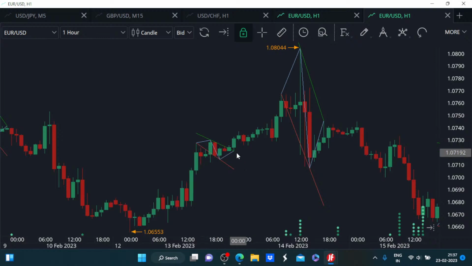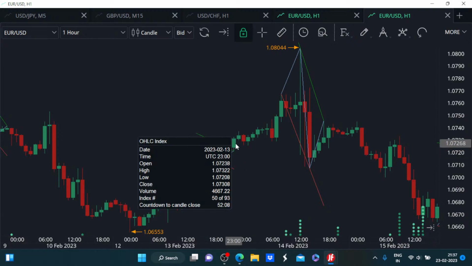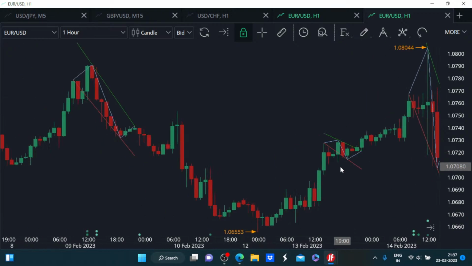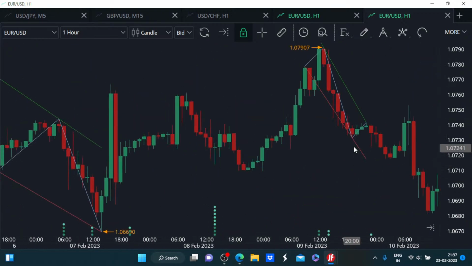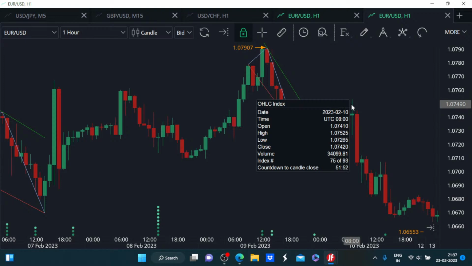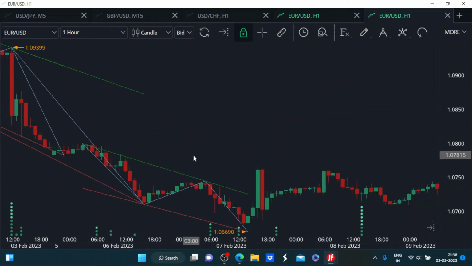But after this channel formation took shape, immediately we have this move on the higher side. So you would have been able to look for the exit prior to that. In this case, if you were to utilize this immediate swing high as the optimization point, you would have ended up losing money on this.